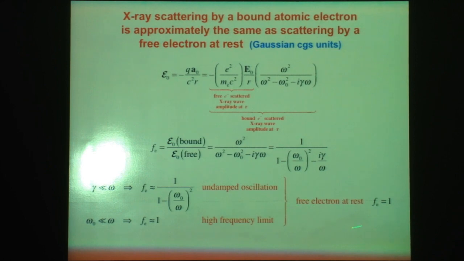So a free electron at rest has scattering factor 1. So under these conditions of undamped oscillation at very high frequencies, it is as if the scattering factor for a bound atomic electron is about the same as the scattering by a free electron at rest. Okay, I ran over time, so let's say that's enough for today.